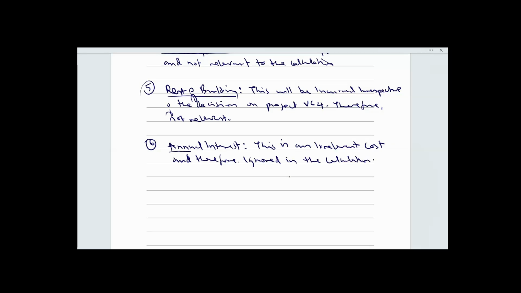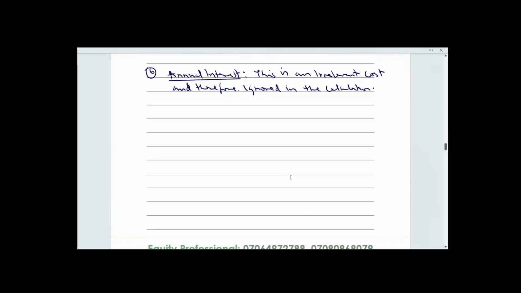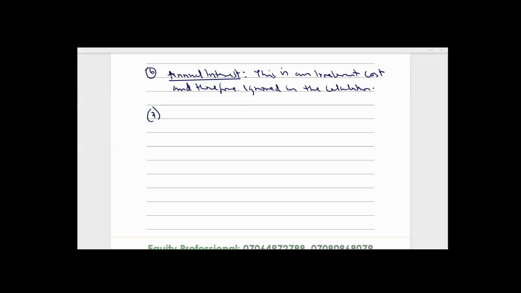Okay. If you want to go further, you can then say this is because the cost of capital to be used to evaluate the projects already included interest, but no need to be talking about, just ignore, move on. Number 7, after interest, what else? So I think that's it.